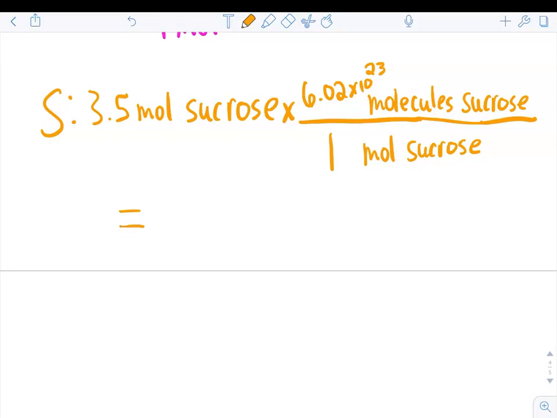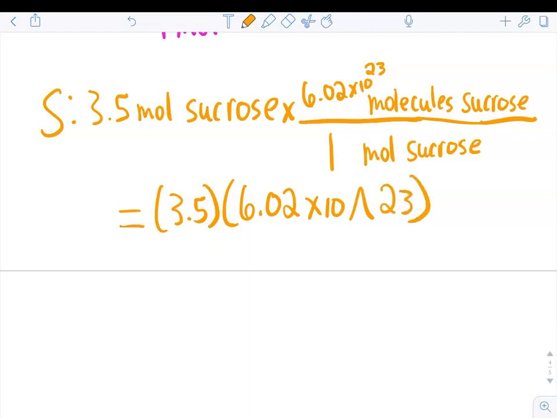You're going to do everything on the top, divided by everything on the bottom. So that would be 3.5 times 6.02 times 10, and then you're going to use the little rooftop or caret key to do the 23rd. In this case, we're dividing by 1, so we don't necessarily have to type that into our calculator.